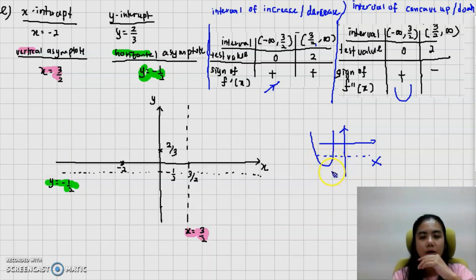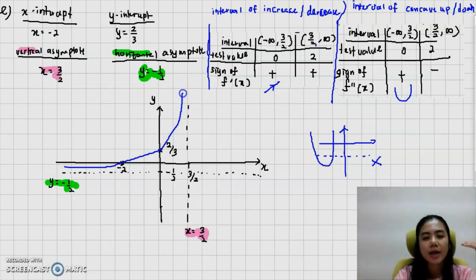So now you have to use your logical common sense. You should have the curve concave up, and it must pass through those intersect points. So you're going to have something like that. You pass through the -2, and then you pass through the 2, 3, and like that.